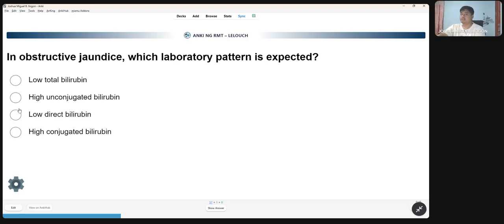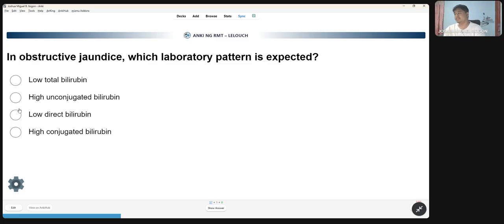If obstructive jaundice, there's an obstruction, which laboratory pattern is expected? I think it's post-renal.